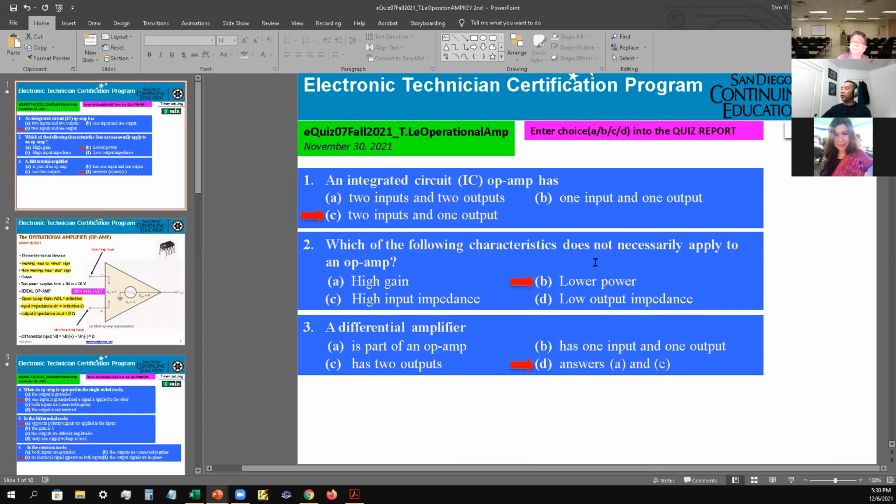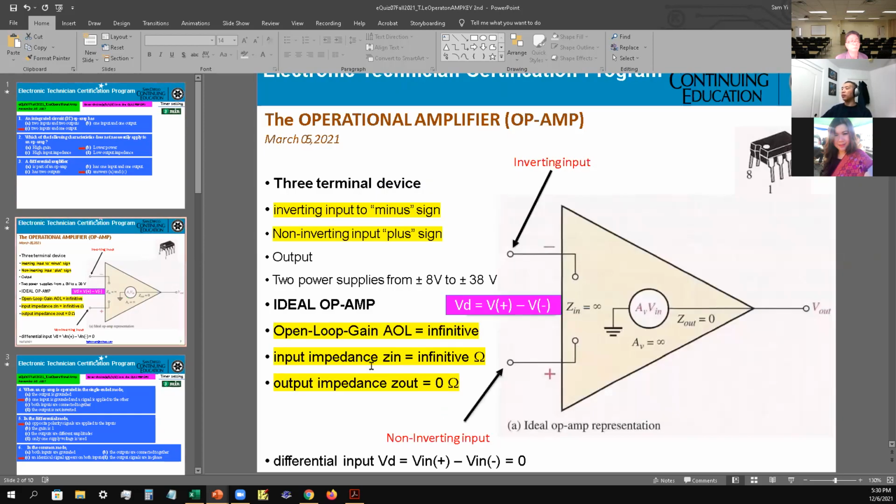Number 2, which of the following characteristics does not necessarily apply to an op amp? The only one that does not apply is B, the low power. It does have high gain, high input impedance, and low output impedance. In open loop, you're going to have infinite gain, your input impedance is going to be infinite, and your output impedance is going to be approximately 0 ohms, or a low amount.